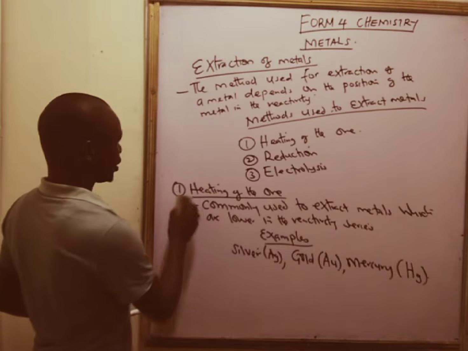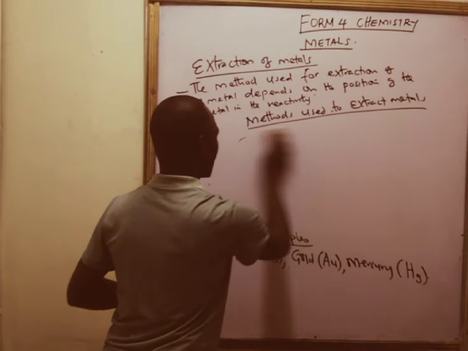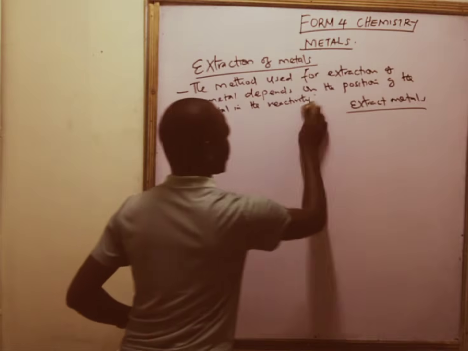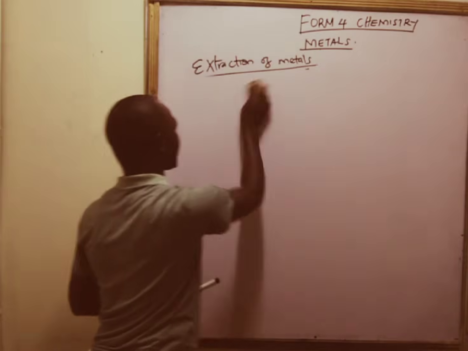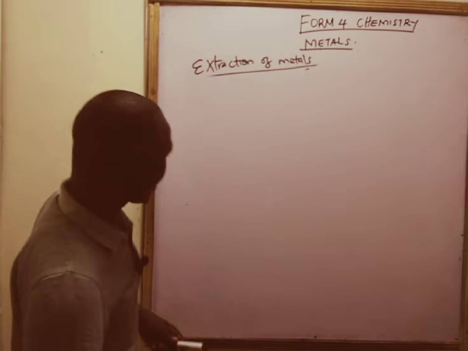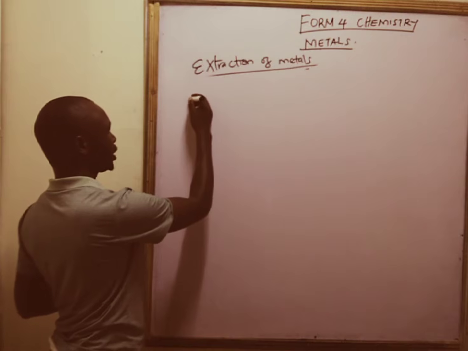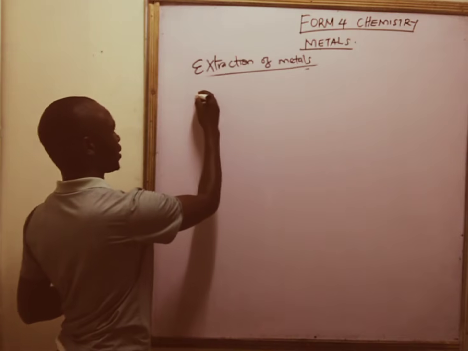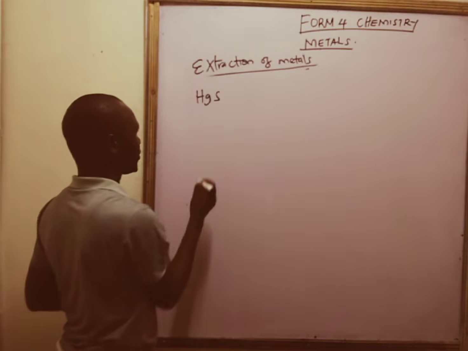Another point that we need to realize from here is that if, for example, you want to extract an element like mercury, mercury is found in its chief ore known as mercury sulfide.